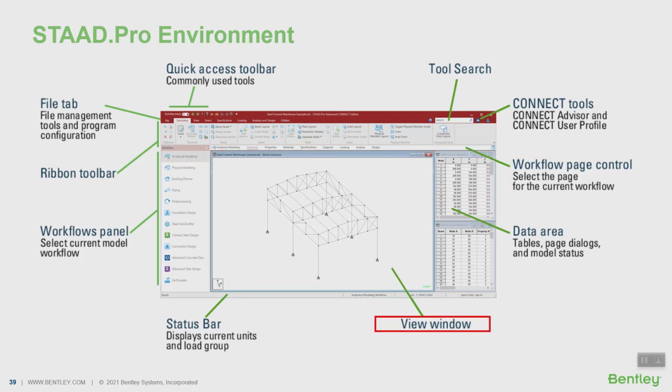The graphical window, view window, allows you to view the models or portions of the models using selected views. This is where the model drawings and results are displayed in graphical form. You can use tools to draw your models, as well as graphically assign loads or specifications.